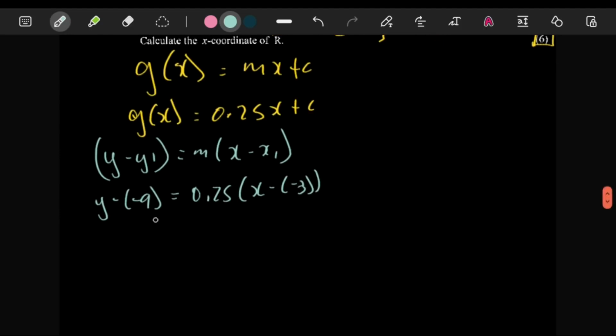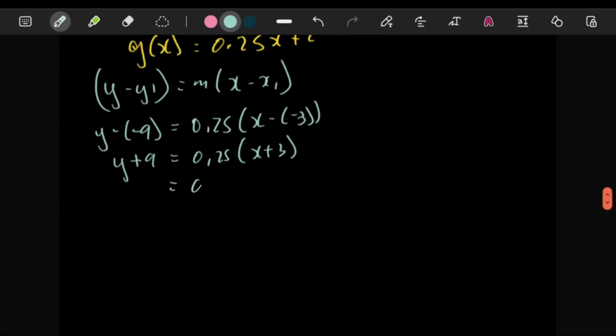So this is y plus 9, and then x plus 3. So this is 0.25x plus 0.25 times 3, which is 0.75. And then here you have y plus 9.